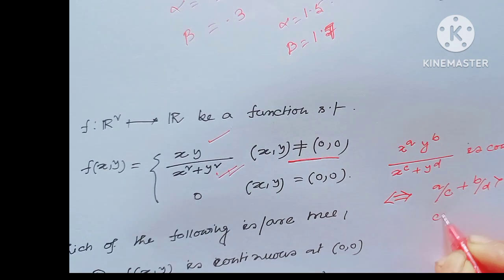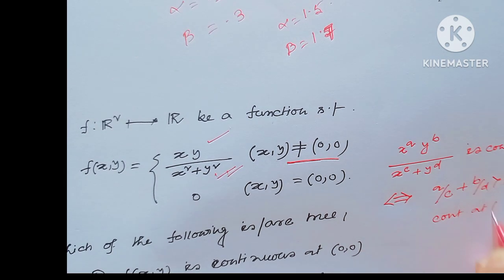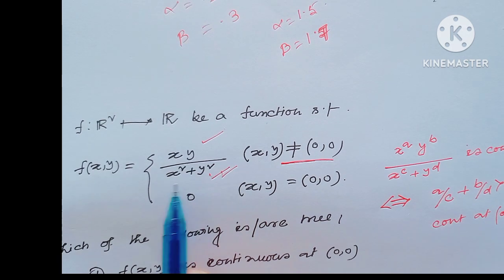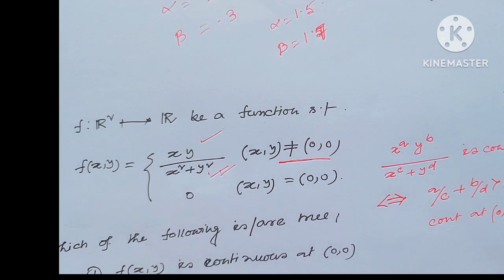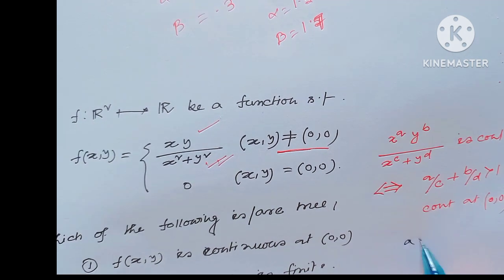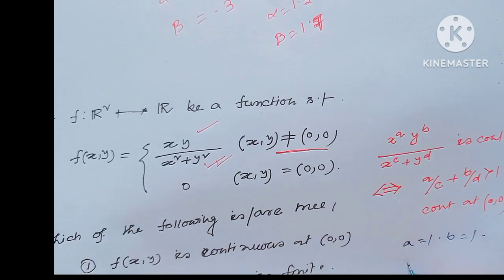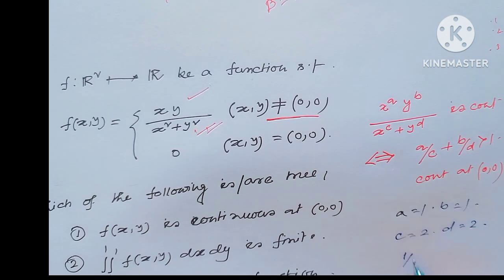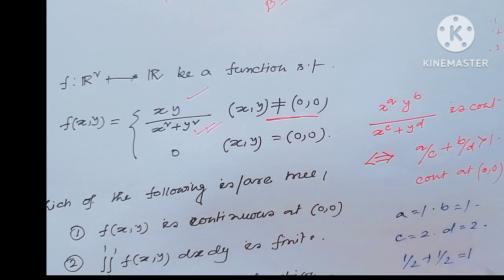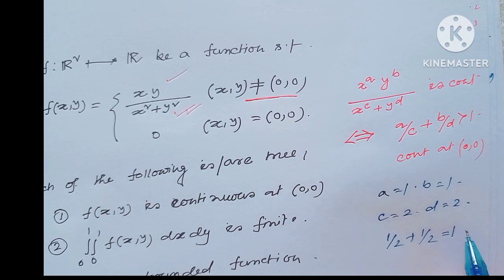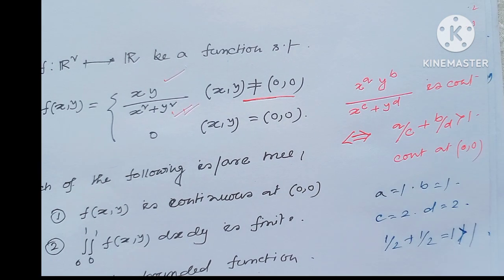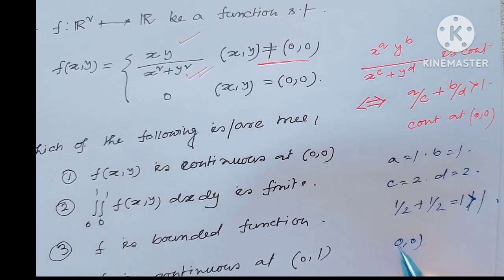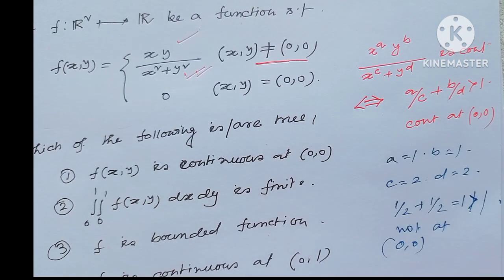Here notice f(x,y) equals xy over x square plus y square, so a equals 1, b equals 1, c equals 2 and d equals 2. Then 1 over 2 plus 1 over 2 equals 1, which is not greater than 1. So the function is not continuous at (0,0).